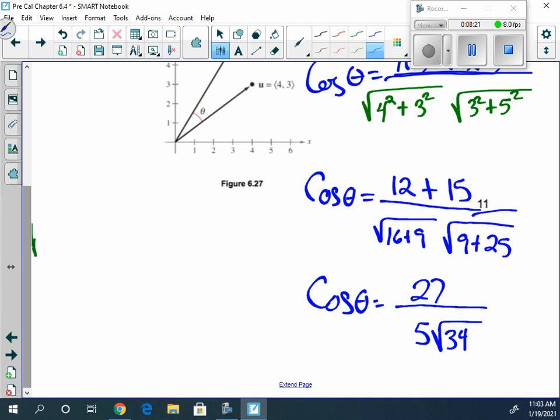Now 2 goes into 34, it would be 2 and 17. Well, 17 is prime. So it can't reduce, and it works out that this is as simplified as it gets.